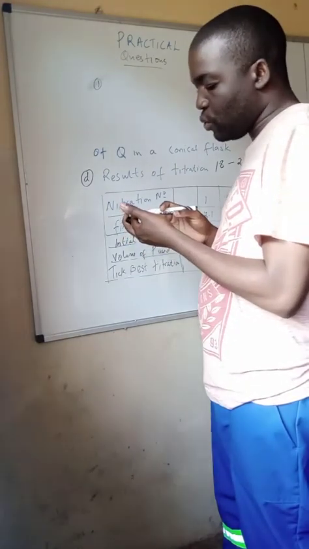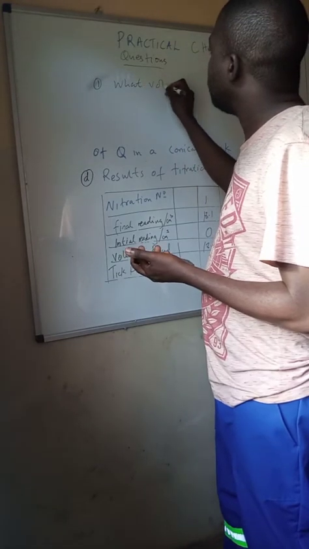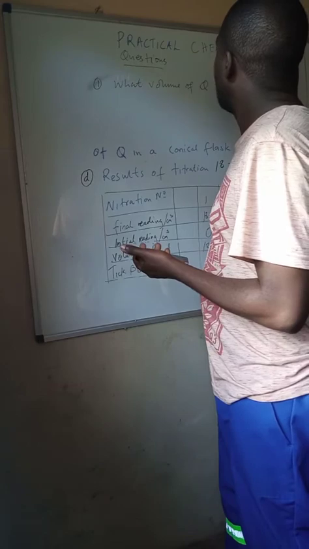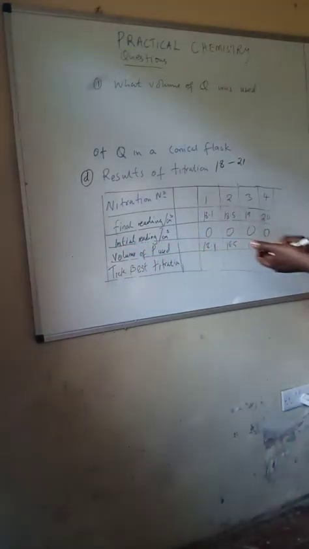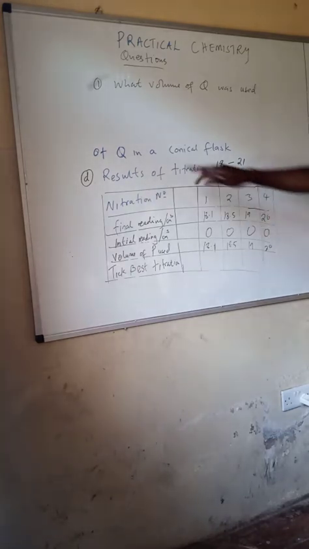what volume of Q was used? Okay? What volume of Q was used? That was question 1. You remember the one I'm just unwrapping here.